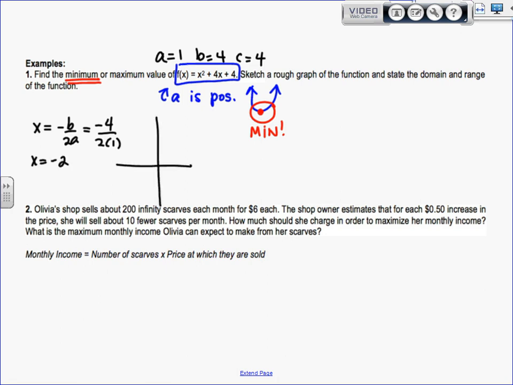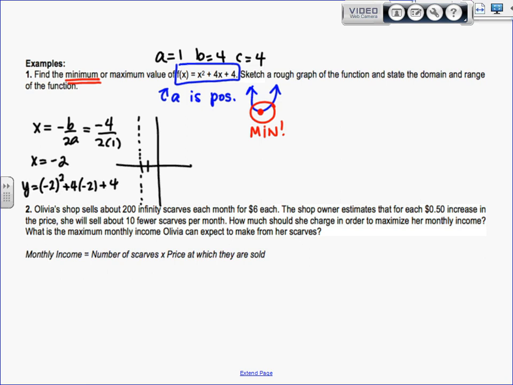That is your axis of symmetry. But it's not telling you how high or low the points go. It's just telling you that your vertex is located on that line somewhere. So we plug our negative 2 into our function.